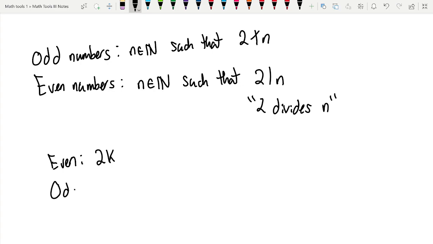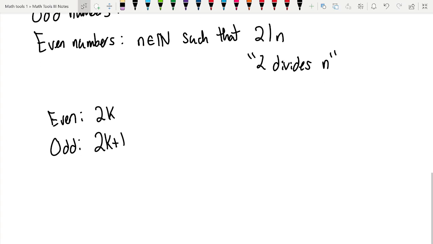Therefore, we can write any odd number as 2k plus 1, because they're just 1 off of an even number, or 2k minus 1. We saw this in Math Tools 2 a little bit when we were talking about writing sequences and series. This is very helpful because anytime we're asked to show something is true for even numbers or odd numbers, we usually need to invoke these forms.